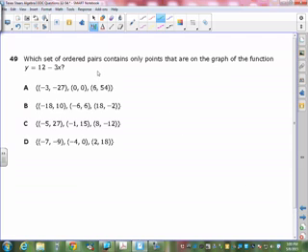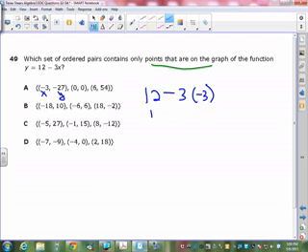Okay, which set of ordered pairs contains only the points that are on this graph? I'm just going to start plugging them in and see which works. Okay, I know if I plug in -3 for x, I'm going to get -27 for y. Let's see if that's right. That'd be 12. Okay, and I just plugged in -3 for x. Well, that's +9. And I get 21 for y.